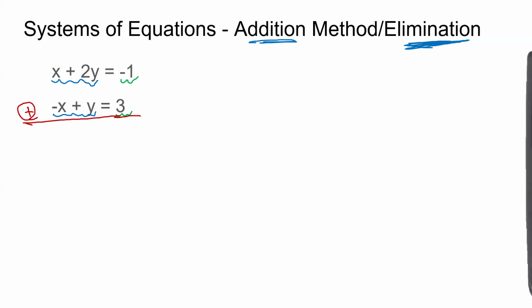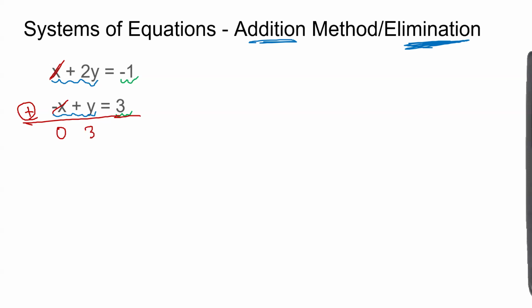Why would I want to do that? Because when I take x minus x, that's going to cancel out. If you see a situation where x minus x is going to drop out, remember the whole thing is we're trying to get this down to one variable because I can solve that. Adding straight down, x minus x would give me a 0. So all the x's are gone at that point.